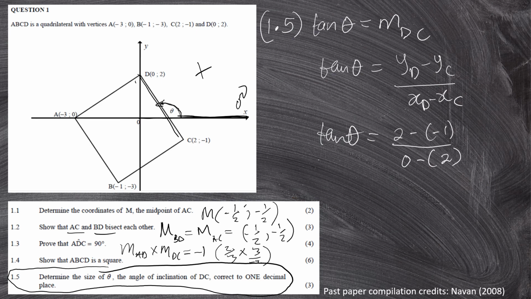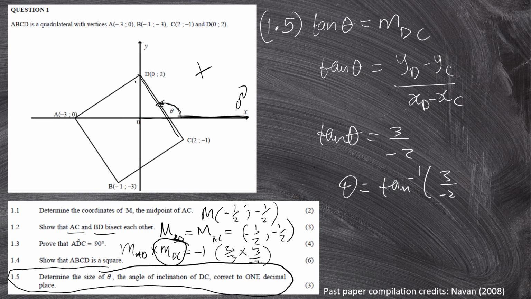In fact, we had already calculated the gradient of line DC and got 3 over -2. But let's just verify again. It's 3 over -2. So to solve for theta, we take arctan of 3 over -2.